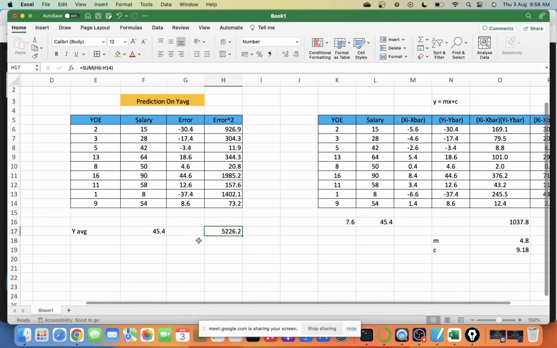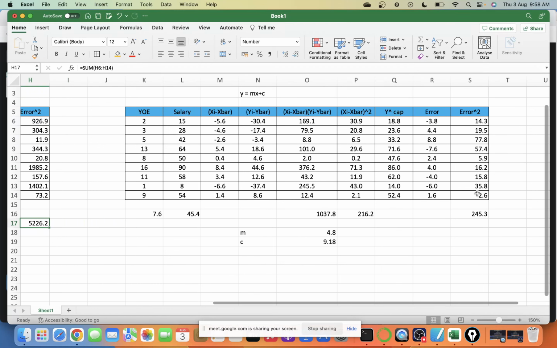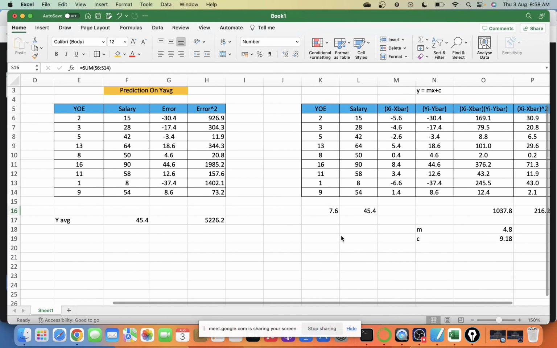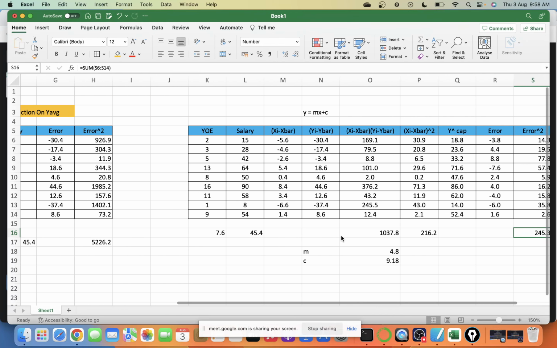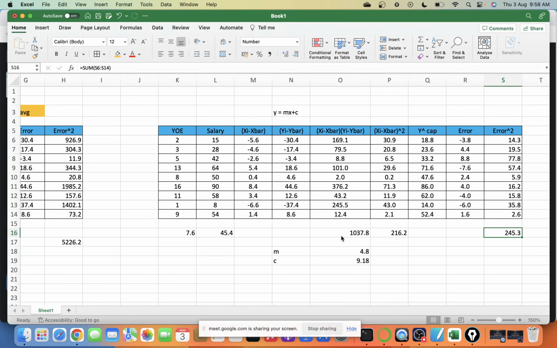We tried to decrease the error, but still some of the error is there. That's why we call it unexplained variation or unexplained error. Getting my point? Are you able to understand now? Yes.